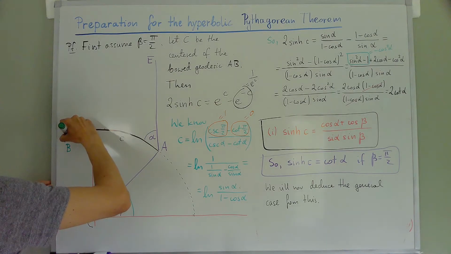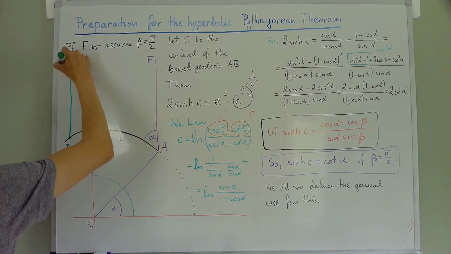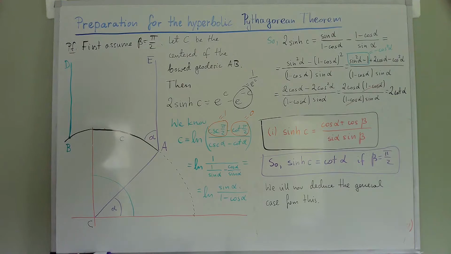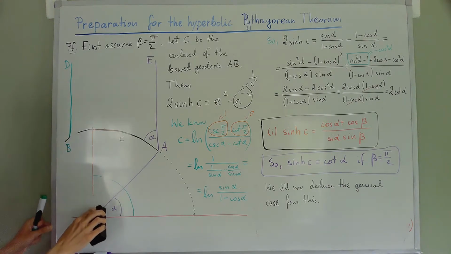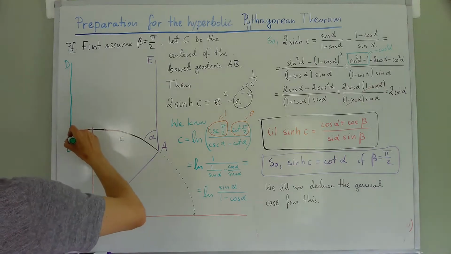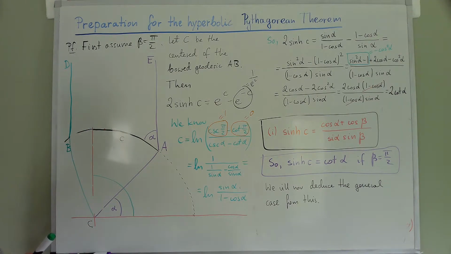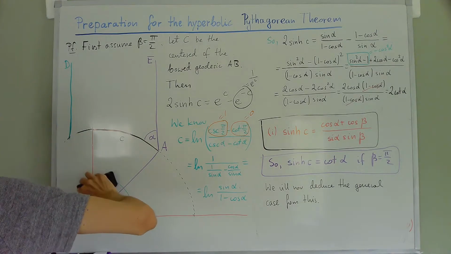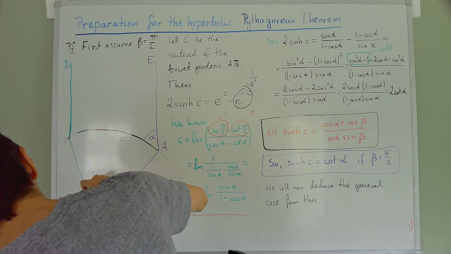And the point D will lie above it. Okay, so here. Not a very good picture. Still not a very good picture. Trying to draw a straight line is very difficult to do in this corner.